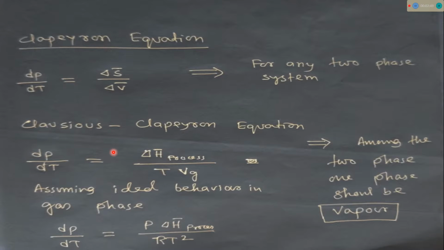Now the Clausius-Clapeyron equation is a modified version of the Clapeyron equation; we can establish it from the Clapeyron equation.